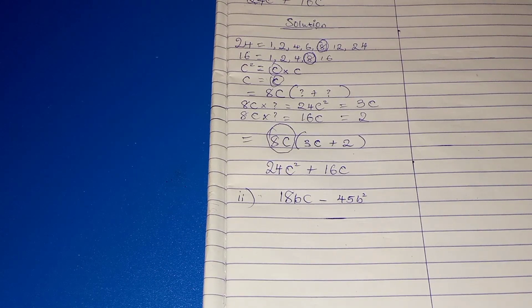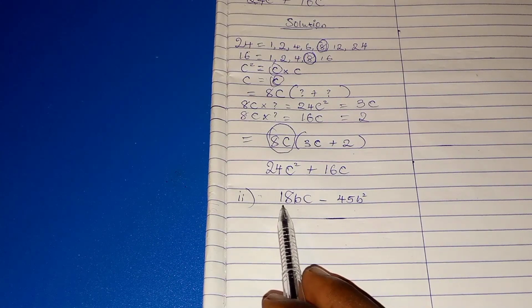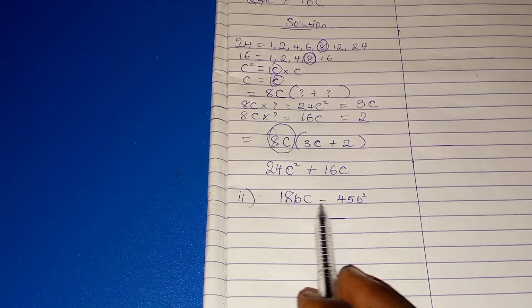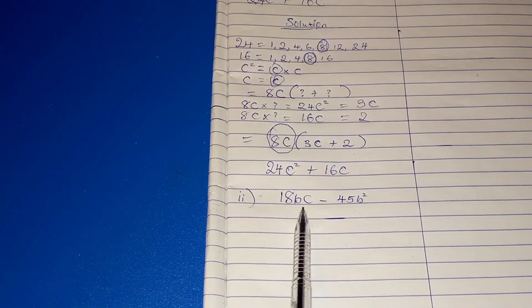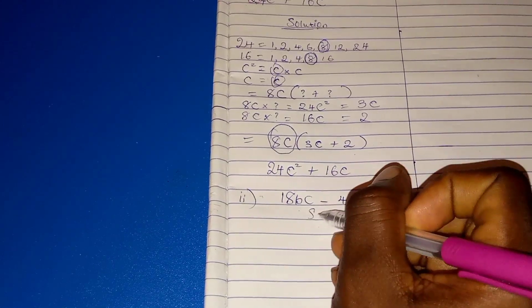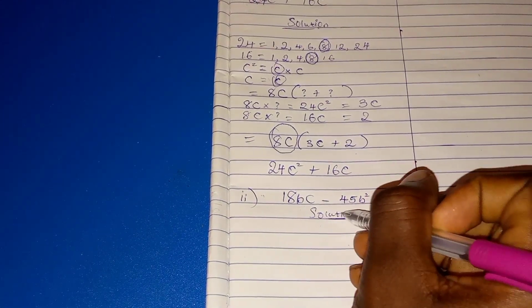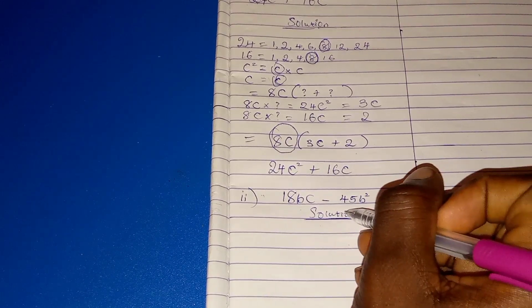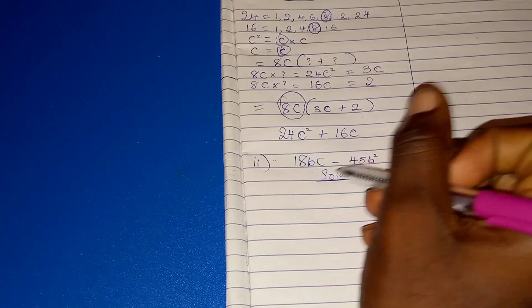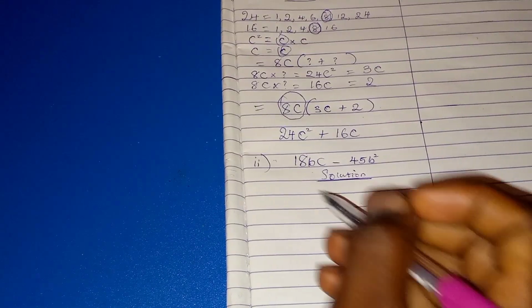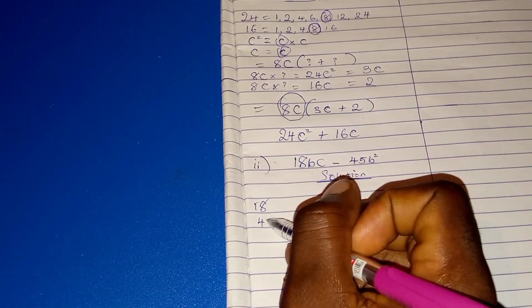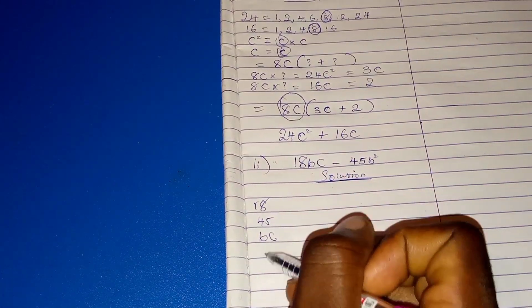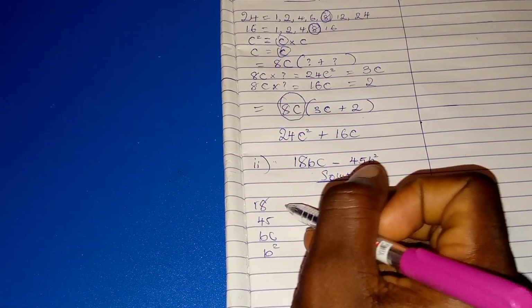Remember, the same process is applied, where we find the highest common factor of 18 and 45, and also the highest common factor of BC and B squared. So we have 18, 45, BC, and B square.